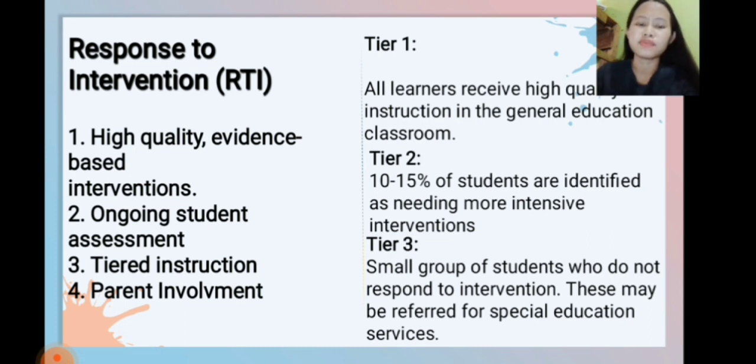The third one is narrowing the instruction focus. In tier 1, we teach all the standards, but in tier 2 and tier 3, we narrow down to the specific subject that students need in order to be successful.